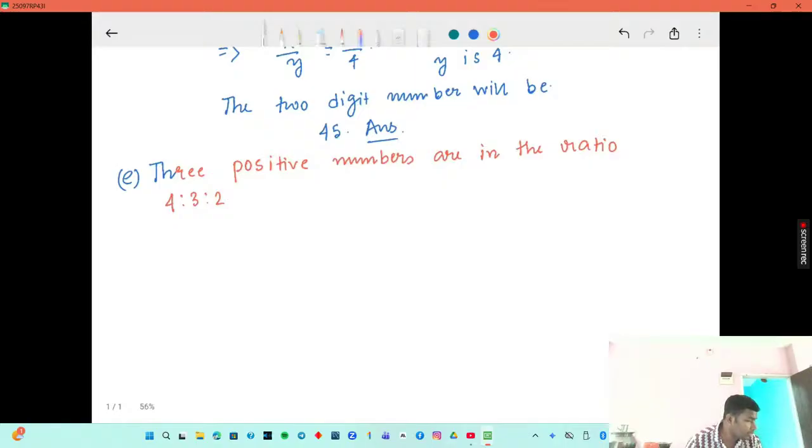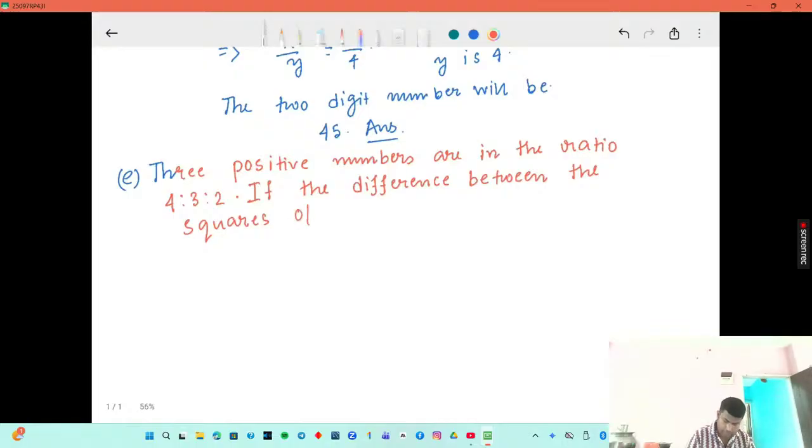If the difference between the squares of the largest and the smallest number is 48, then what are the numbers?